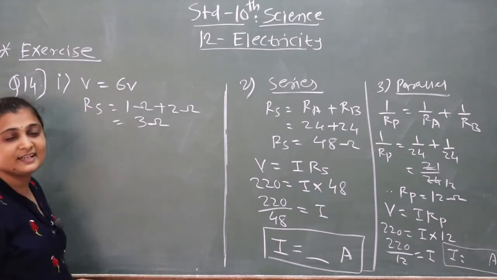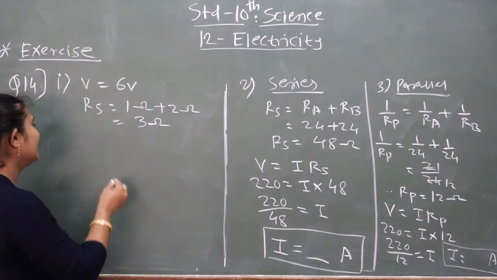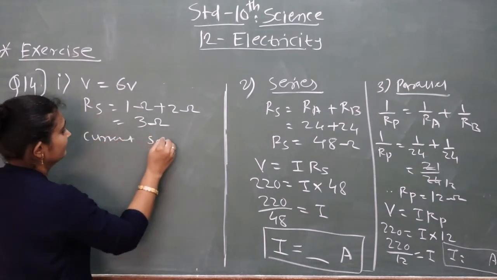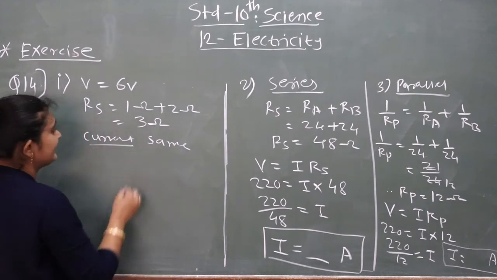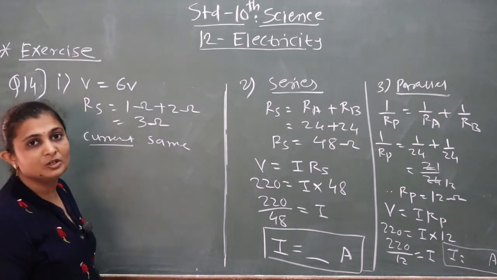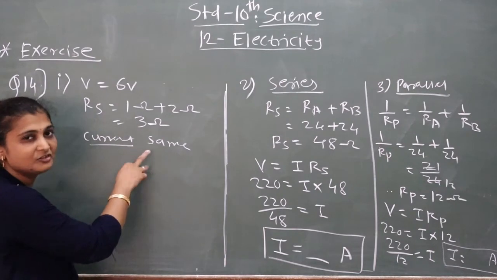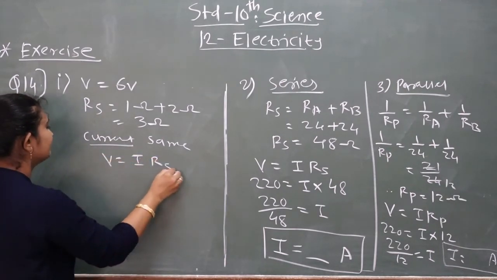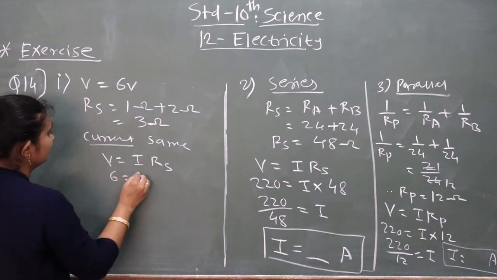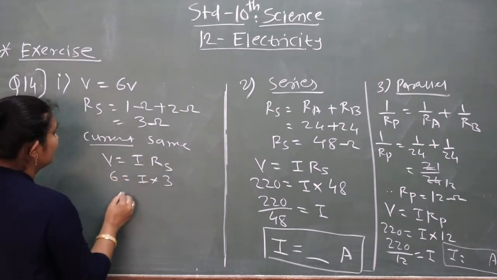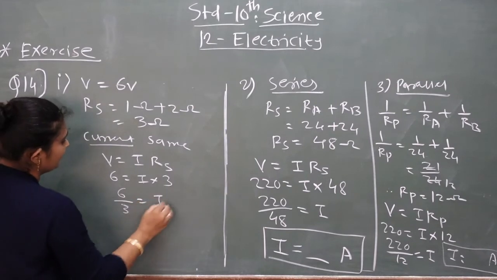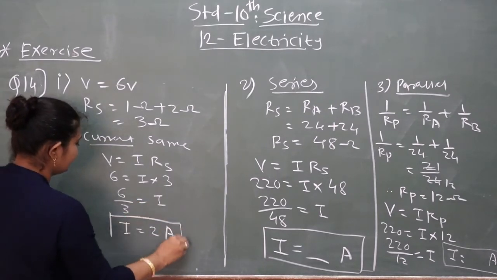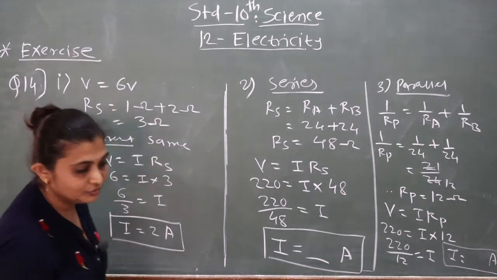Here for the series connection, the current will be the same. So we have to use the formula of power in terms of current. So find current. V is equal to IR. Yes, I is equal to 2 ampere.